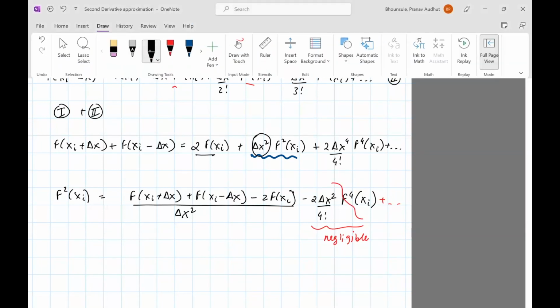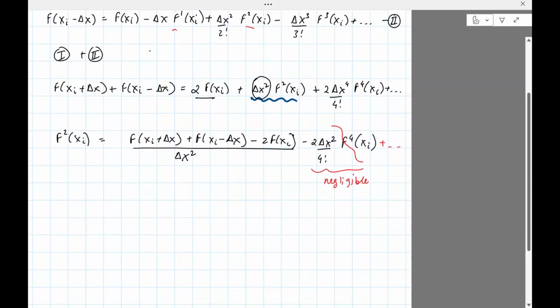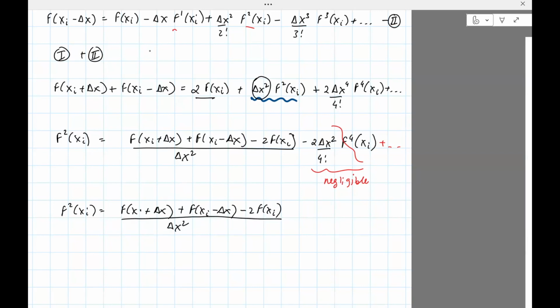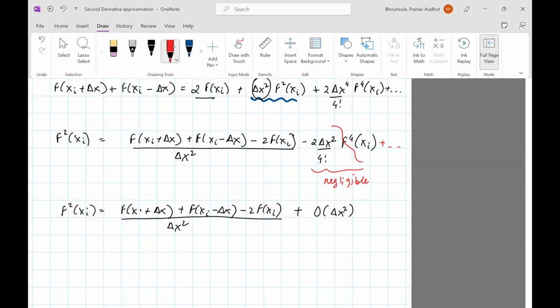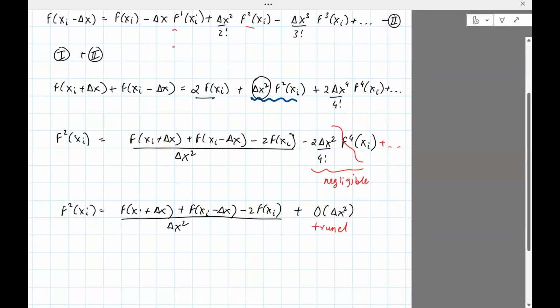And so a formula for the second derivative is going to be f2 xi equals f of xi plus delta x plus f of xi minus delta x minus 2 f of xi, divided by delta x squared, plus the truncation error, which is of order delta x squared.